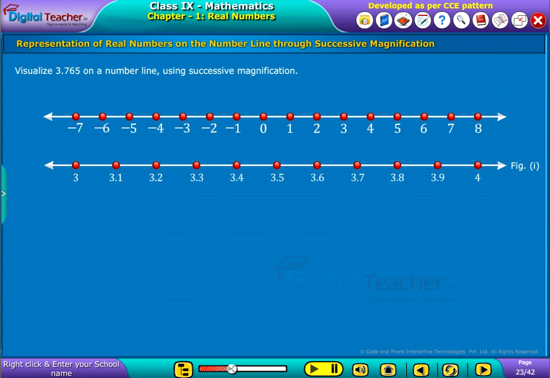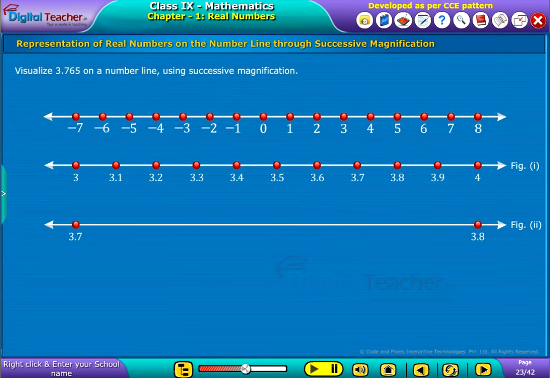Now look at the portion between 3.7 and 3.8 using a magnifying glass and realize that 3.765 lies between 3.7 and 3.8 as shown in figure 1. So, let us now divide this portion into 10 equal parts and represent them as 3.71, 3.72, and so on up to 3.8 as shown in figure 2.